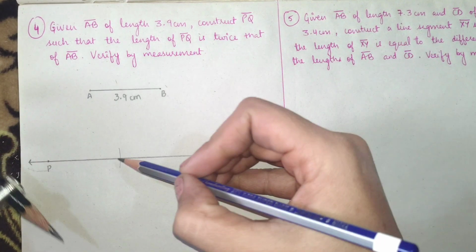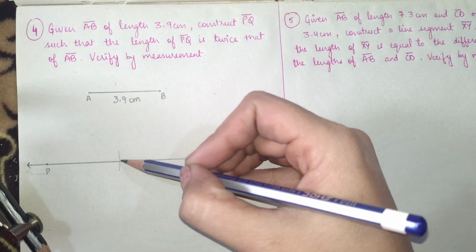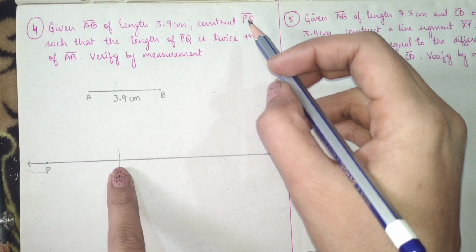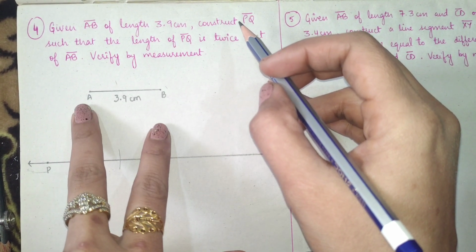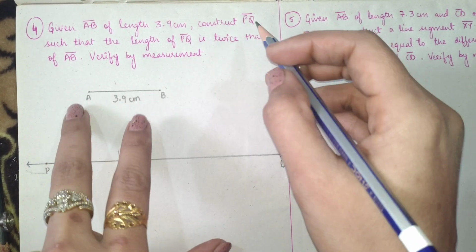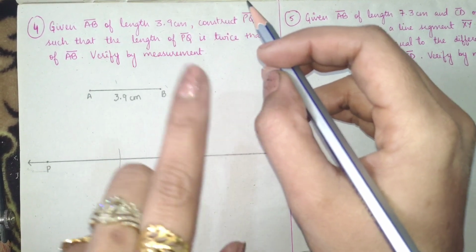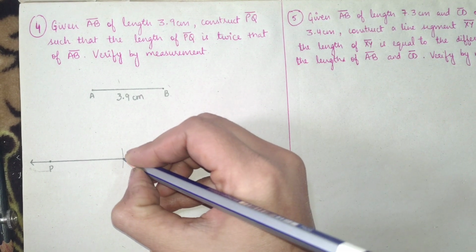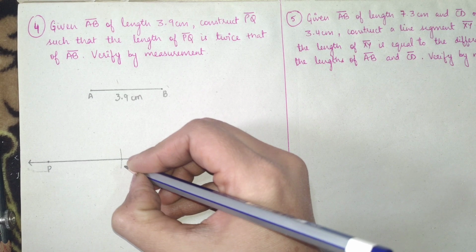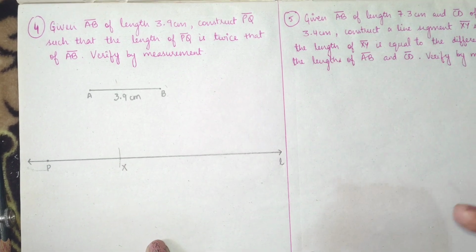Now this point here will not be our Q because PQ is twice. If you'll take this point as Q, then PQ will be equal to AB. But that's not what we are supposed to do. PQ should be double of AB. So we'll take another letter for this point. Let's say anything you can take, X. Okay.